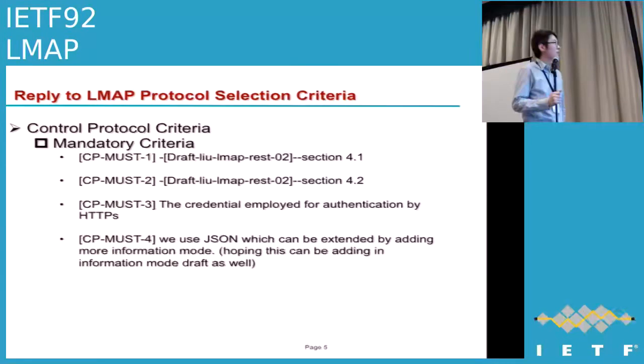Now on the versionable criterion, we are considering using JSON, which can be extended by adding more information models. We also hope that this can be added in the information model draft as more specific content.